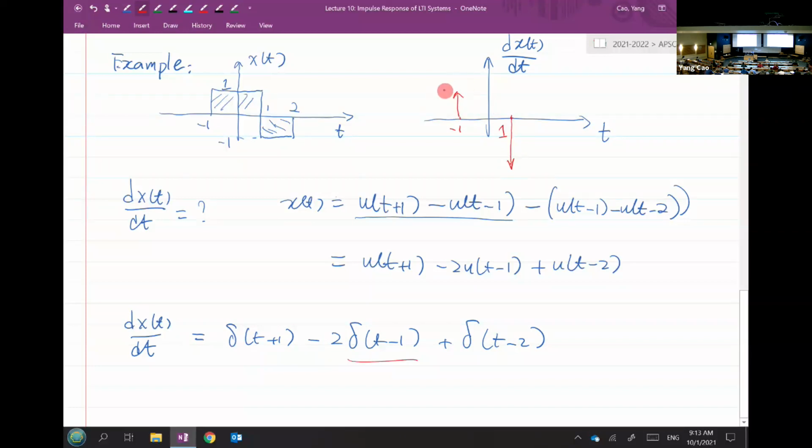You could label this as delta t plus 1, minus 2 delta t minus 1, and so on. The last delta is at t equal to 2. And that concludes this question.